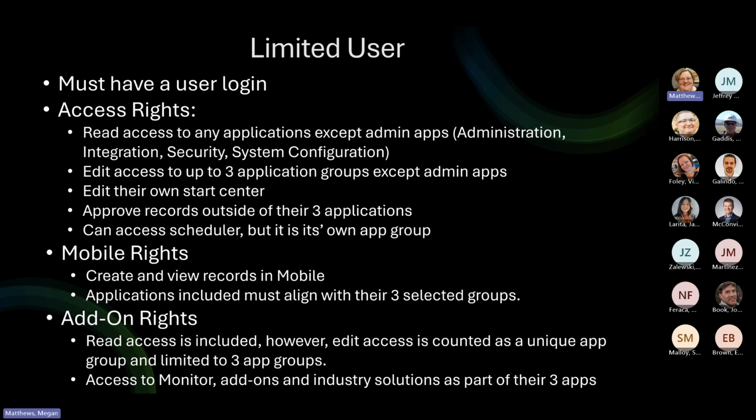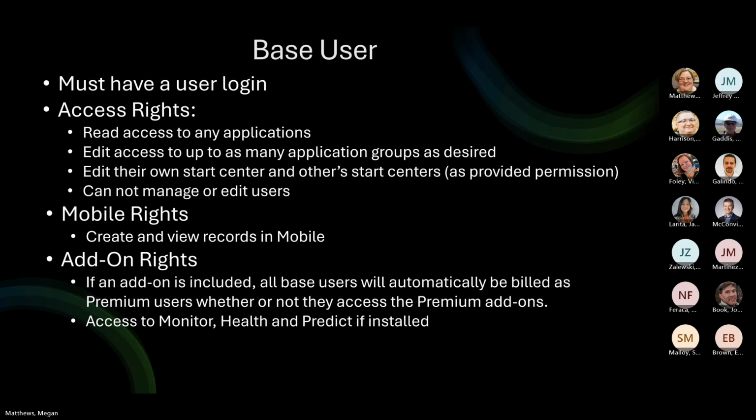The next one we're going to talk about is what we call a base user. This used to be an authorized user, if you remember in the past. IBM still authorized for something else, so we call them base users now. A base user has access to as many applications as they want. There's no limit to which applications they can have in their group.